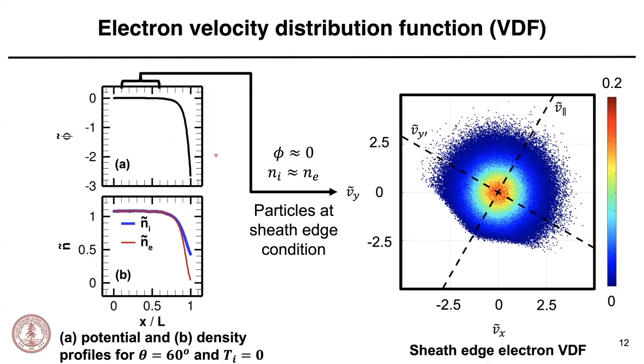And so that way we can get very nicely resolved VDFs, and we can study physically what's happening and what's causing this deviation from the non-magnetized theory. And so that's essentially the way that we'll be doing this analytical framework.